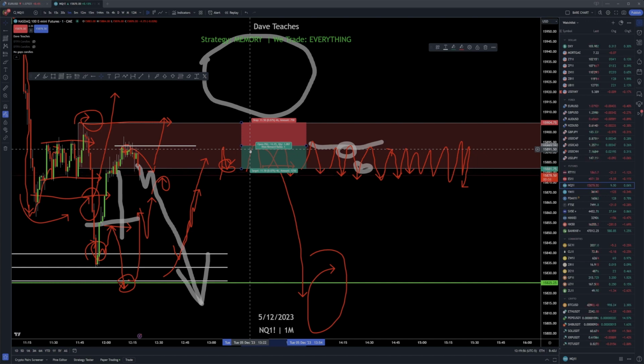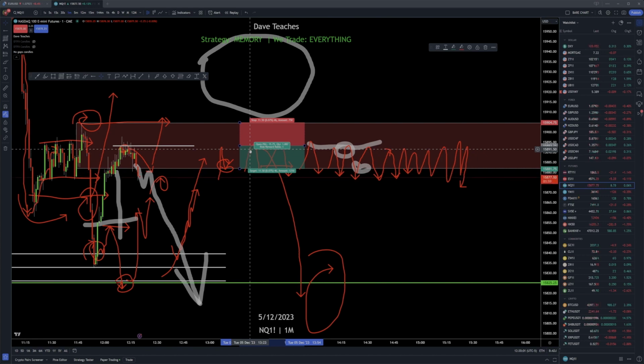There's no way that you can be up 30, 40 points and that same trade turns into a 20-point loss. You were up 40 points and it turned into a 20-point loss? There's no wisdom in that. None.